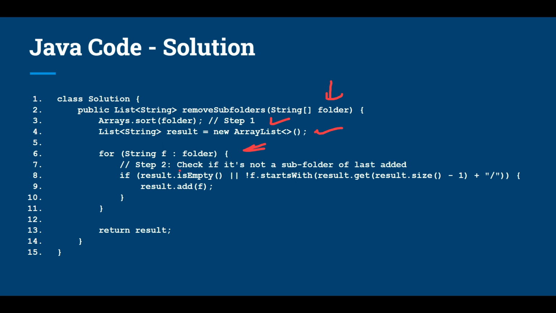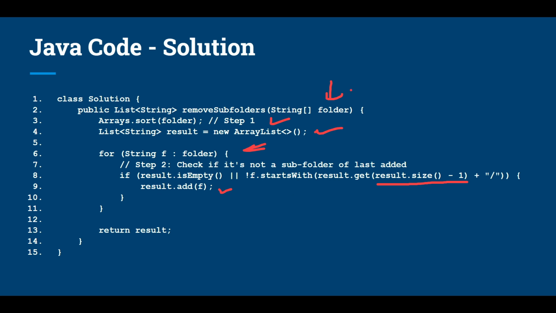Then in step 2 we'll check if the result is empty. If the result is empty, then very first you will add it into the result. Once you add into the result, what you need to do is get the last element, the last folder, from the result.